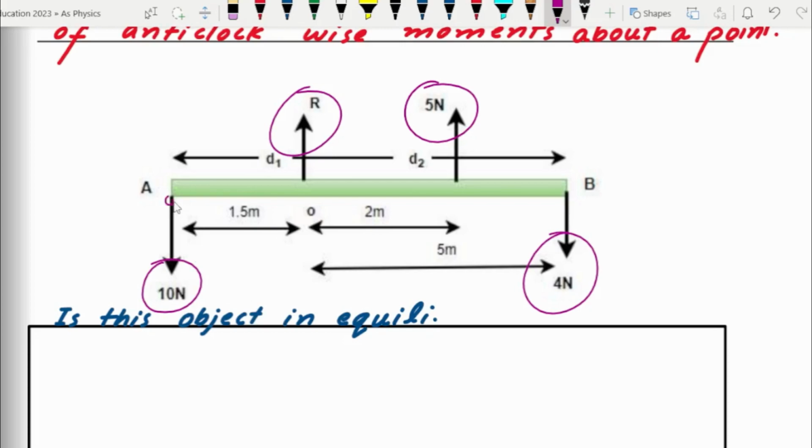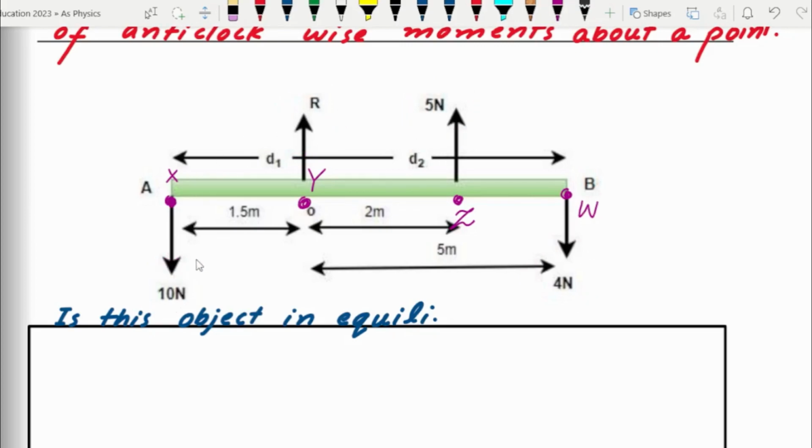You can call this point the pivot, or this point. We can call X the pivot, the point Y the pivot, the point Z the pivot, and the last one, W. Now out of these possible options, what point should we consider as a pivot?